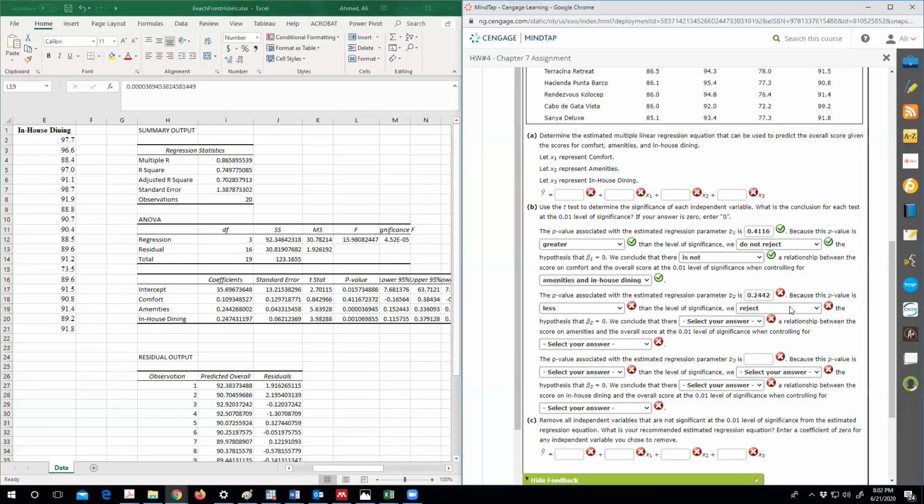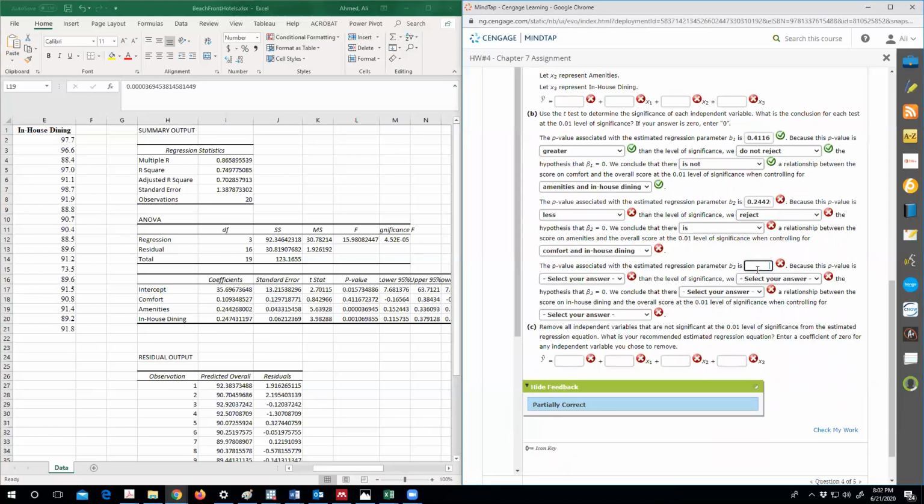So we reject that there is no effect. There is actually an effect. There is a relationship between the score and comfort, while we are controlling for the other two. And the same thing for the third one.